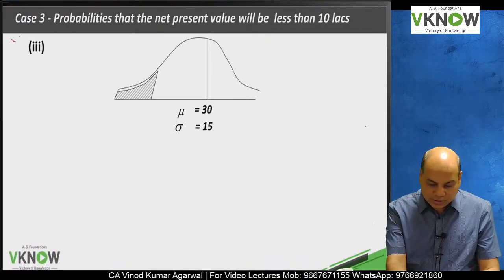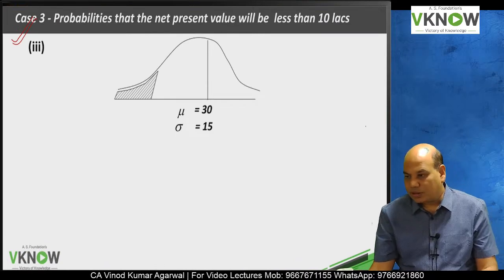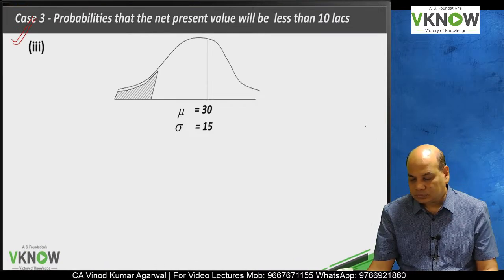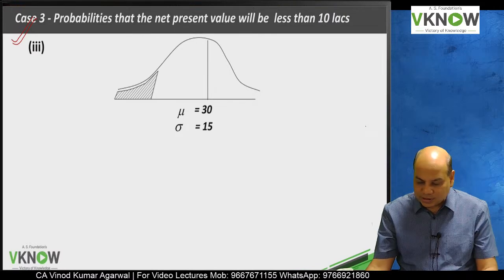Now write down case 3. Probability that NPV will be less than 10 lakh.